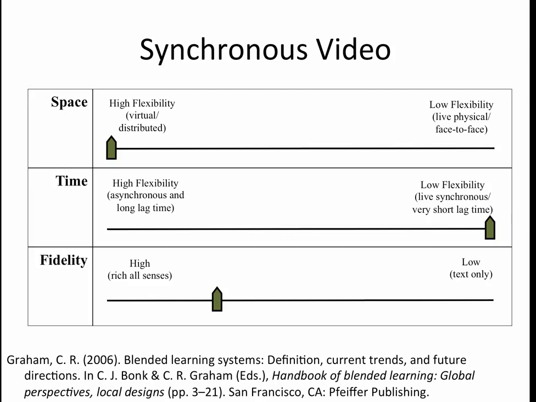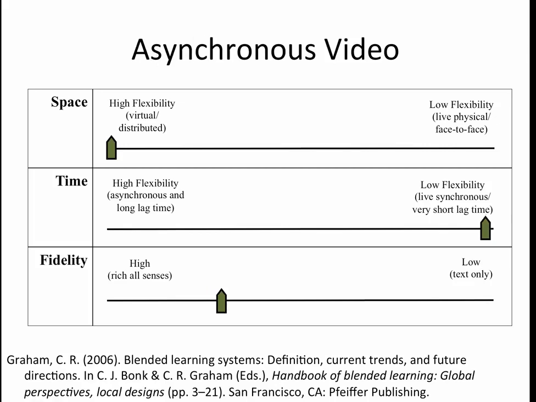The other drawback to this is it's similar to face-to-face in that students can dominate the conversation, or the instructor can dominate the conversation, where that's less likely to happen with asynchronous text.